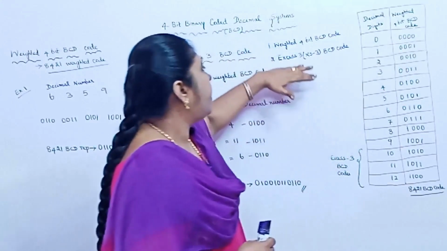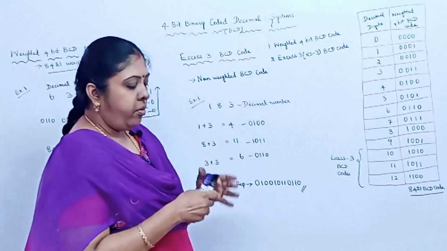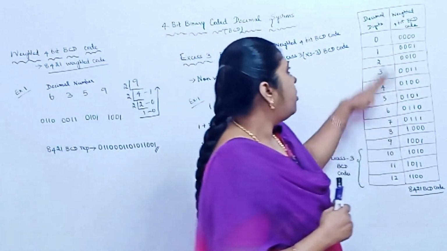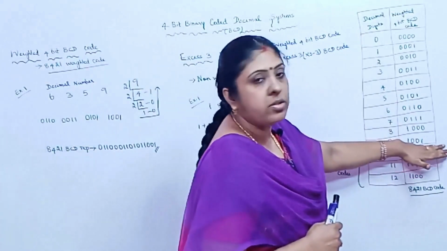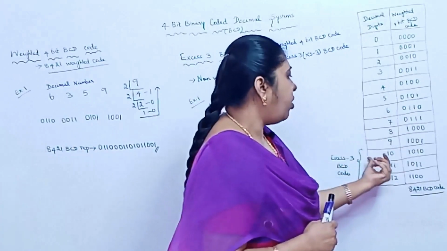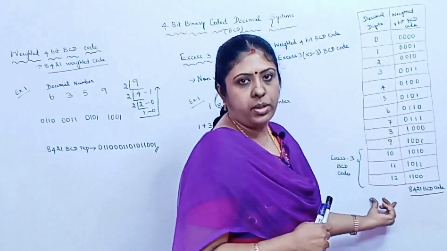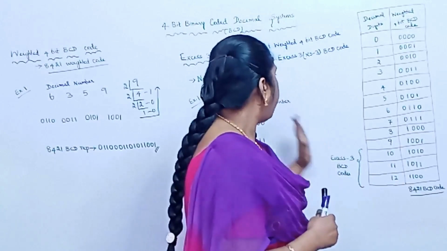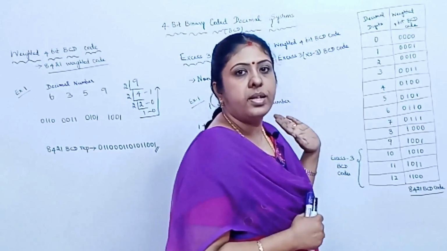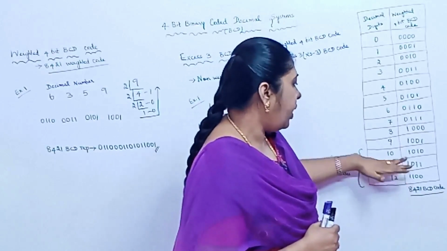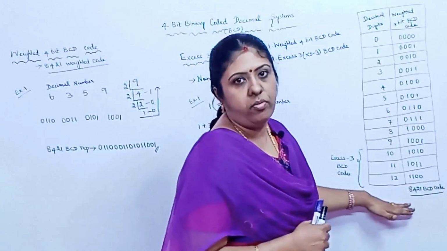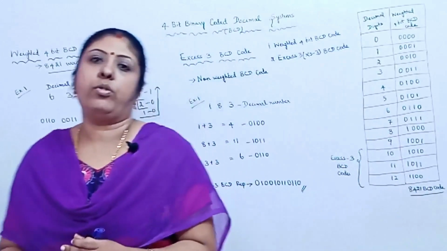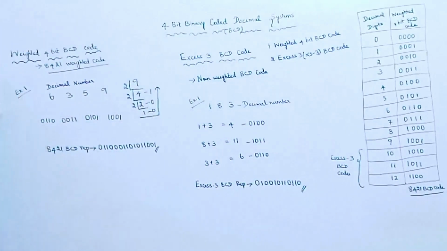So, in the weighted 4-bit BCD code, we have only decimal digits starting from 0 to 9. But in the table, we have written 10, 11 and 12. This is for the XS3 BCD code values. When we discuss the XS3 BCD code, we will get clear about why I have written the 10, 11 and 12 values.